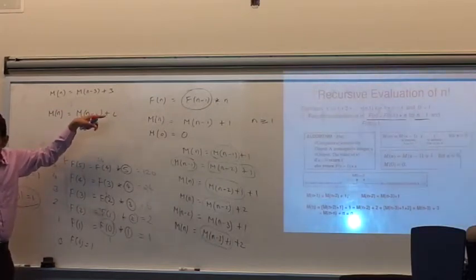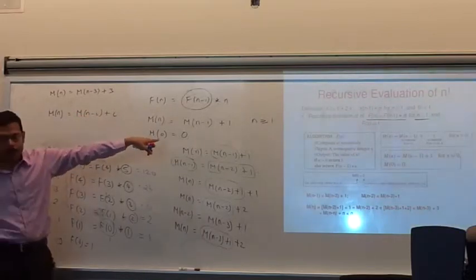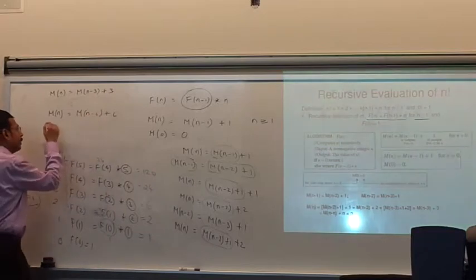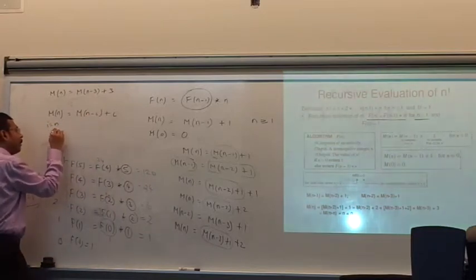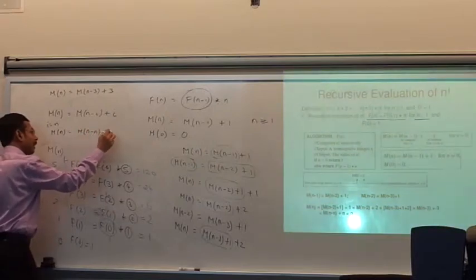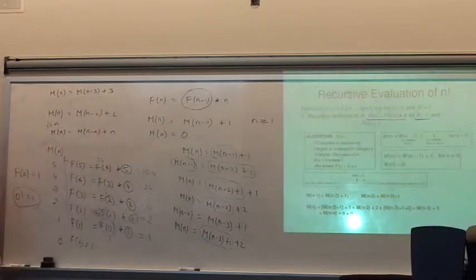Right? So now for what value of i, if you substitute here, can you go all the way to the basic condition? If i equals n, I can say M of n is M of n minus n plus n. Because this is how we reduce, right?